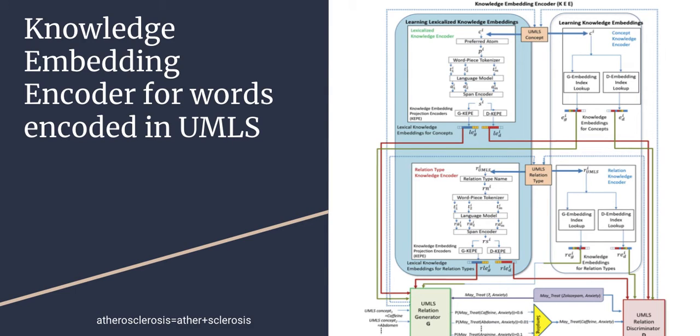We all know how a GAN works. There is a generator and a discriminator, and both compete against each other. The discriminator learns to score the relation plausibility between pairs of UMLS concepts, while the generator tries to fool the discriminator by generating plausible yet incorrect relations.